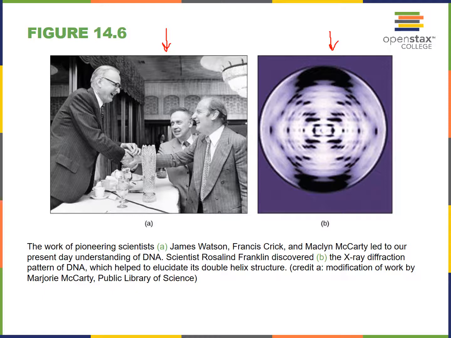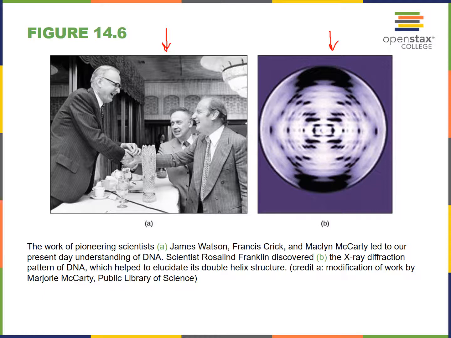But basically, Watson and Crick sort of assembled other people's work to get this data, and they're the ones that won the Nobel Prize, even though they would have never gotten their Nobel Prize without Rosalind Franklin.